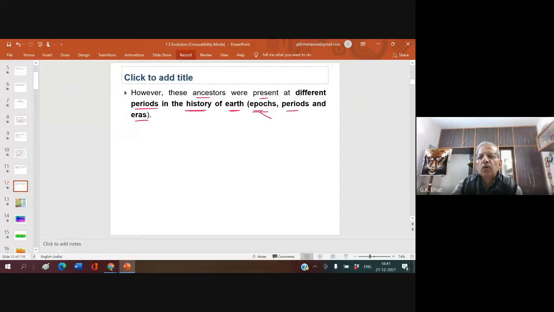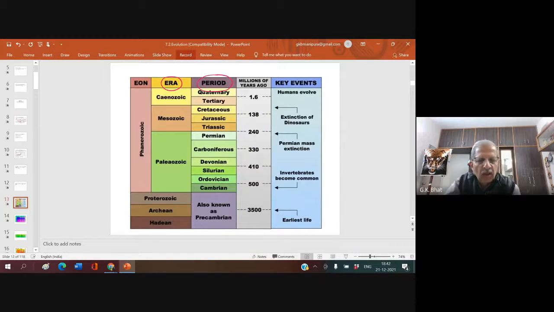Epochs together form periods, and periods together form eras. Eras are larger time units than periods, and periods are larger than epochs. Now this is what you should know: Earth's history shows the existence of three eras.